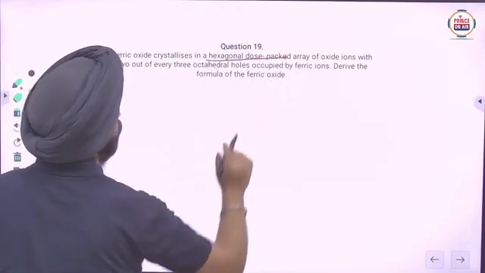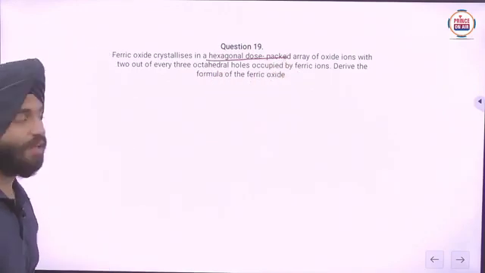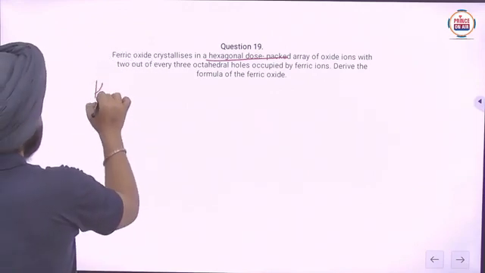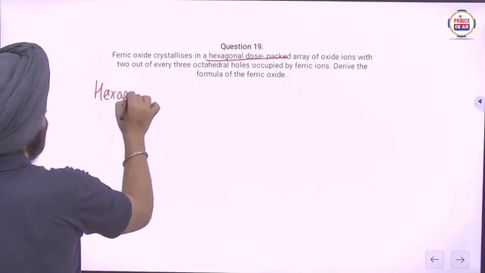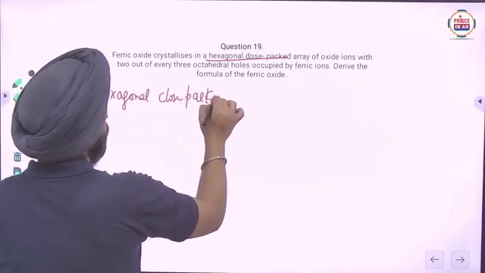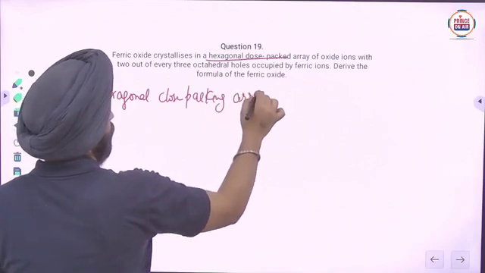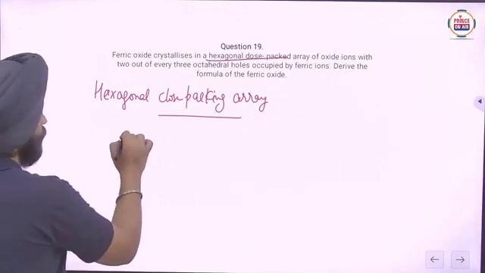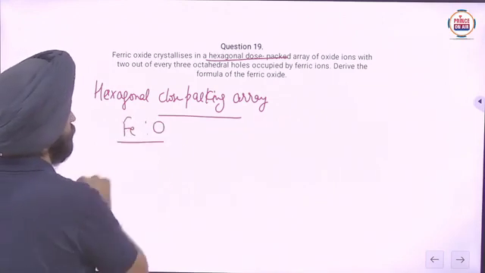In hexagonal closed packing, what are they saying? Hexagonal closed packing array of ferric oxide.